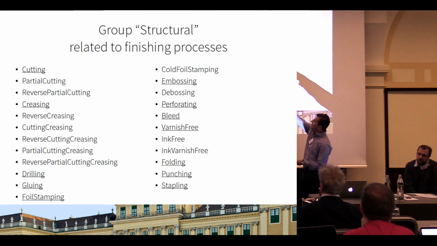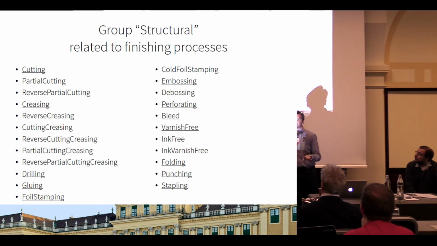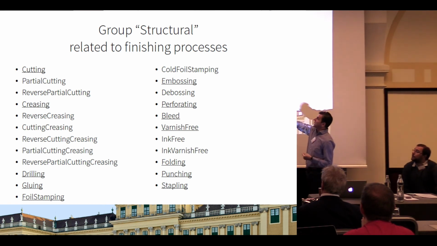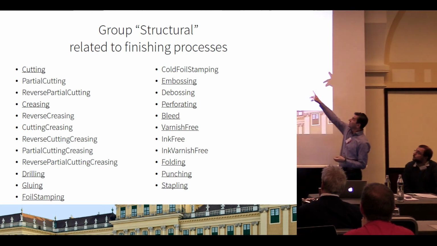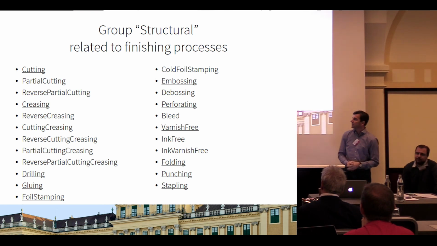I have just underlined a few of them because if I read these ones, then I pretty much understand what is in my processing steps structural group. There is like cutting, creasing, drilling, gluing, foil stamping, embossing, perforating, lead information, varnish, folding, punching, stapling. So most of it having to do with the finishing process.